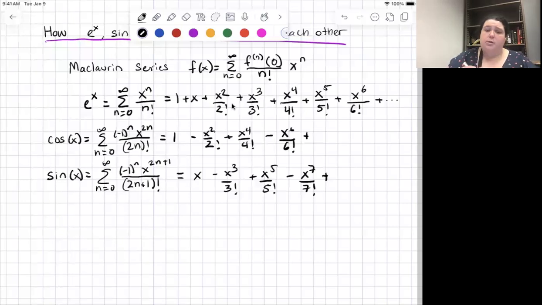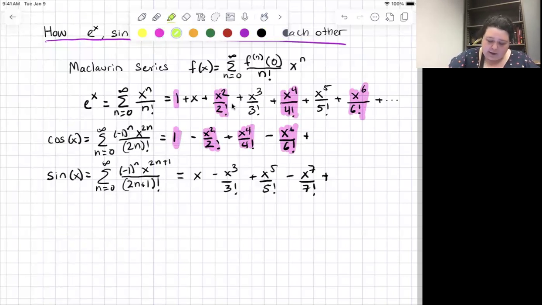So using these different Maclaurin series for these three functions, we're now going to show how they relate. If I look at cosine, I see that, like I said, I have these even terms, which I'm going to highlight. If I go back to my exponential, I see that those terms show up there every other term. But one of the things that is different is that the sign in front of these terms is not the same.